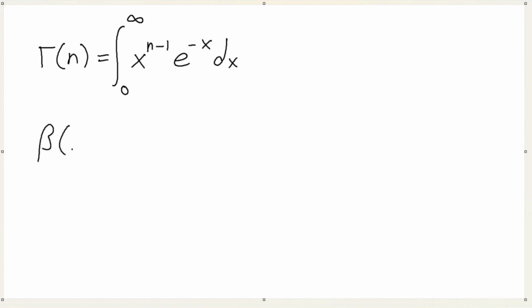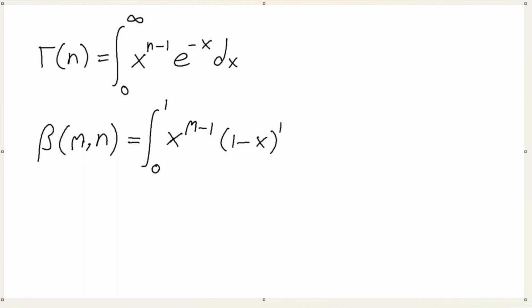So beta looks like this. From 0 to 1, we have x to the m minus 1, times 1 minus x to the n minus 1, dx.